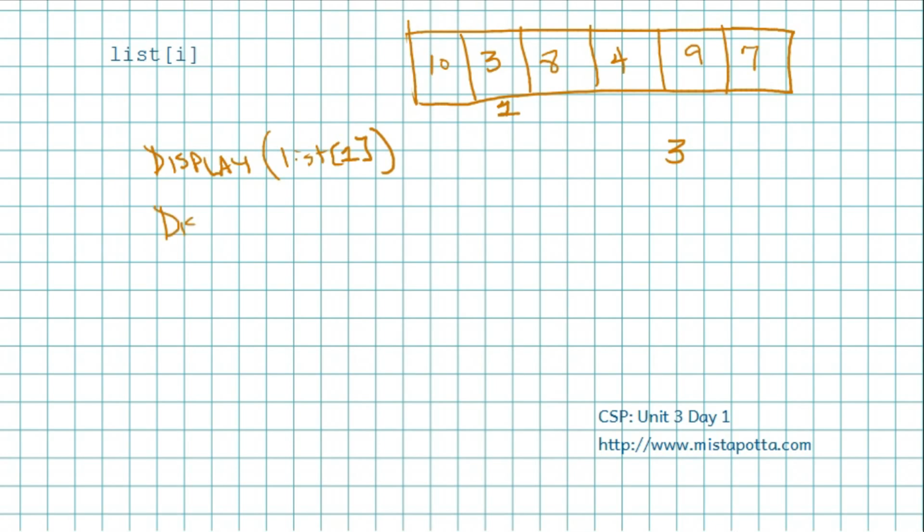If I later on ask it to display what's in list sub 4, it's going to go 0, 1, 2, 3, there's box 4, and a 9 will show up on the screen. So this allows me to talk about what's in a particular box rather than thinking about data as a whole. So I don't have to worry about this being a data collection. I need to think about this as being an element inside a collection of data.